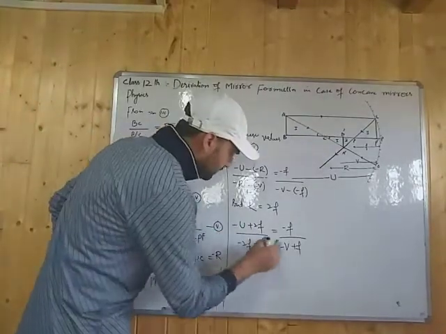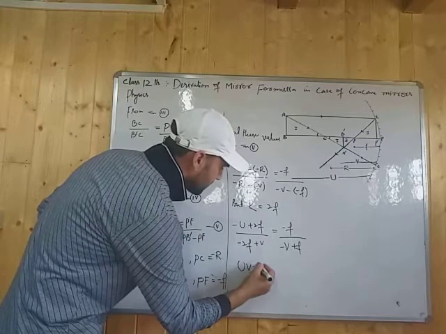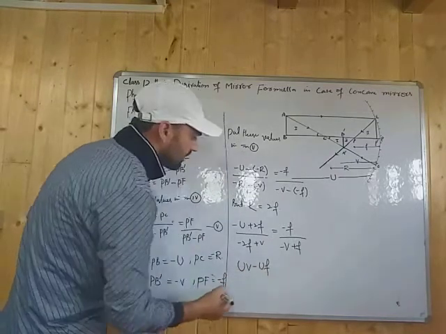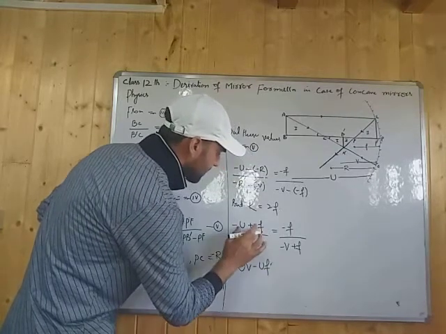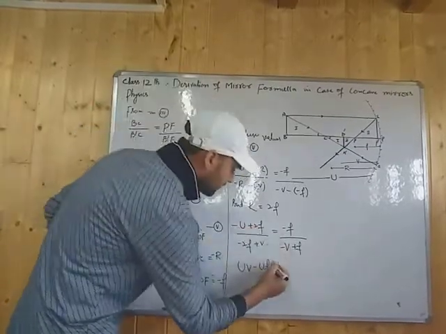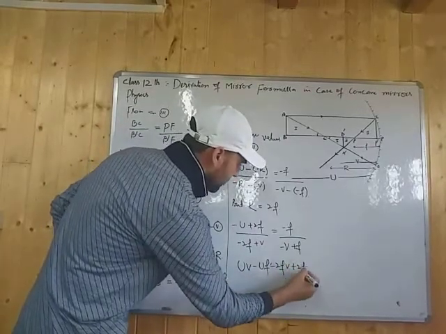So minus U into this, it will be UV minus U into this, so that will be equal to minus UF plus, minus twice F into V, that is minus twice FV plus twice F square.